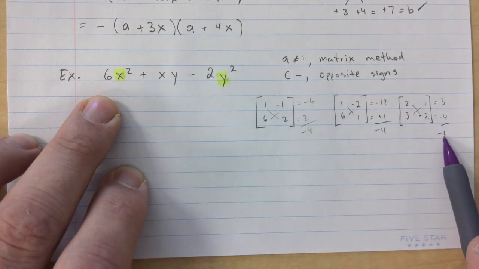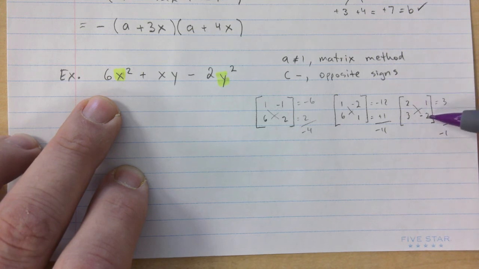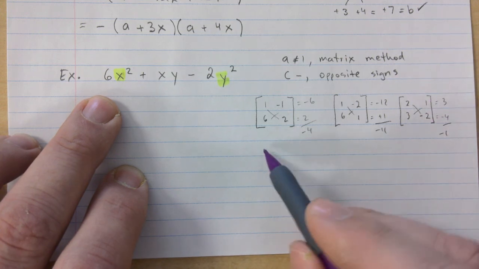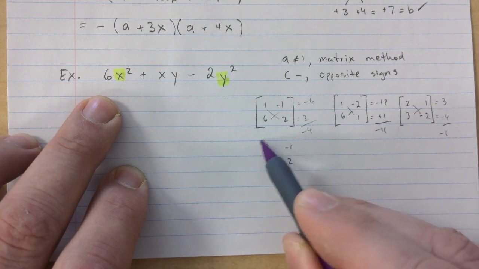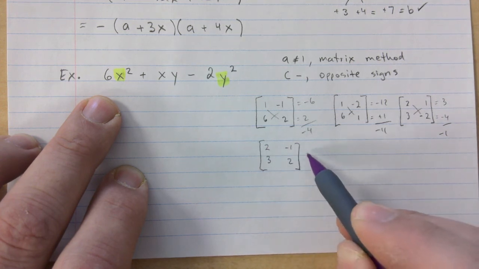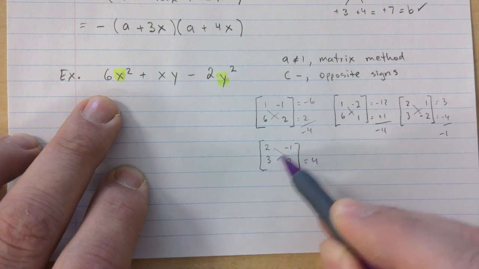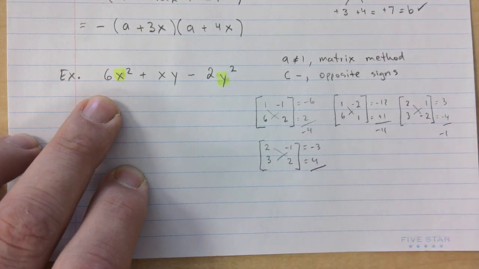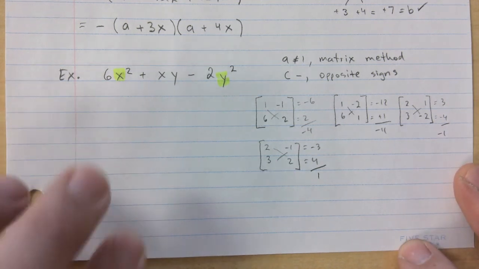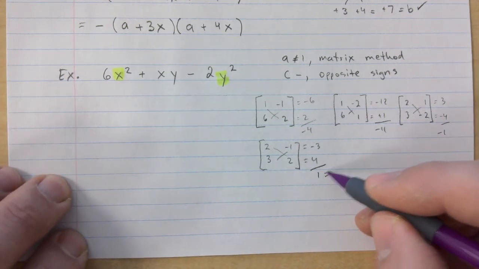Because I'm close, all I need to do is rewrite this matrix and just put the negative on top, right? So I'm going to go 2, 3, and it's -1, 2. That gives me 4 and -3. So that's the pattern. Flipping the sign just changes the value of your answer. Flipping the actual number gives you a different outcome, right? A different value altogether. So this is equal to B.